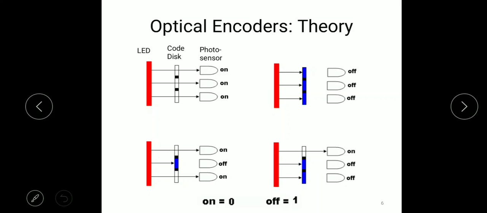Optical encoders, how do they operate? It has an LED, a code disc, and a photodiode. In between the LED and photodiode, we have a code disc. Let's take the first picture.